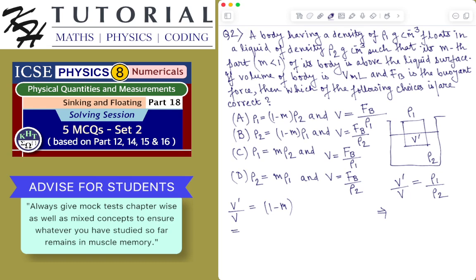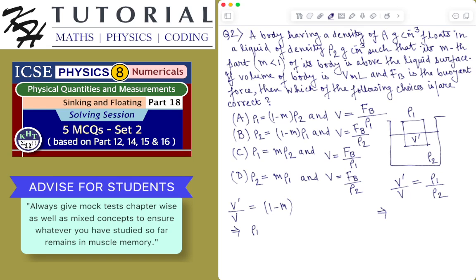So I get V dash by V is 1 minus m. Also I know V dash by V is rho 1 by rho 2.